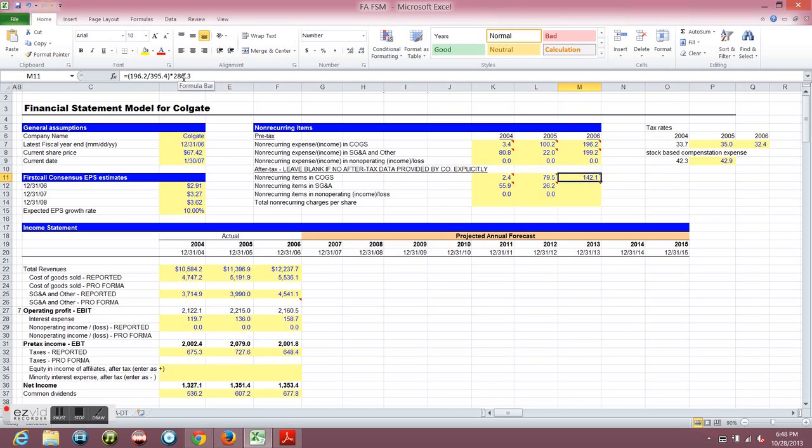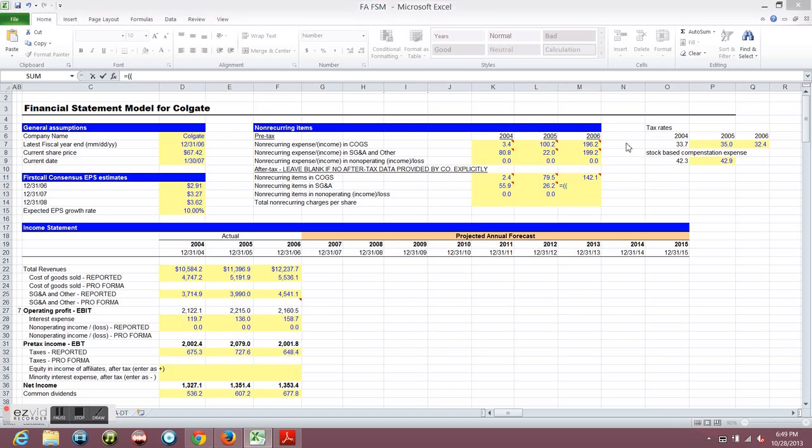Okay, so let's do the same for SG&A. Now, if you look closely at the SG&A, we added 46.1 and 153.1. So what we're essentially going to do is find the proportion of SG&A and other together on the pre-tax level and multiply that by our after-tax to get that same proportion as well. So let's do that.